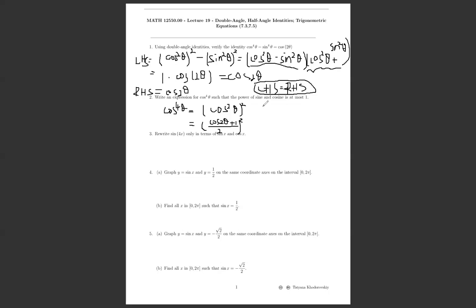The next thing is to expand the square. You have over 4, the top is cosine square of 2 theta plus 2 times cosine of 2 theta plus 1.